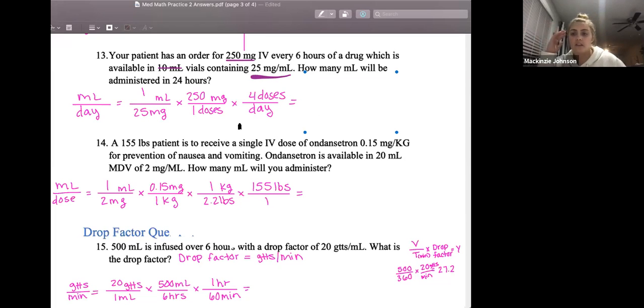So that's more of a thing they teach us to do in our head, like critically think: okay, if they're getting it every 6 hours, there's 24 hours in a day, they're going to get it 4 times. So then our answer will be 40 milliliters a day, because we were able to cross off our milligrams and our doses, and we're left with milliliters per day.